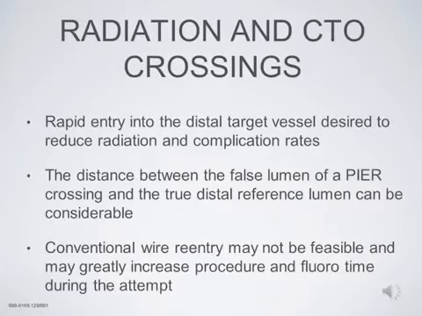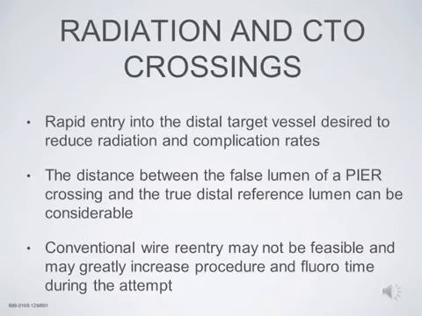So when we rapidly enter the distal target vessel, that will certainly reduce radiation complication rates. And the distance between the false lumen of a PIR crossing, which is the sub-adventitial crossing, and the true distal reference lumen can be considerable, sometimes as many as 5 to 10 centimeters. And these can go into areas that are non-desirable, such as popliteal regions.